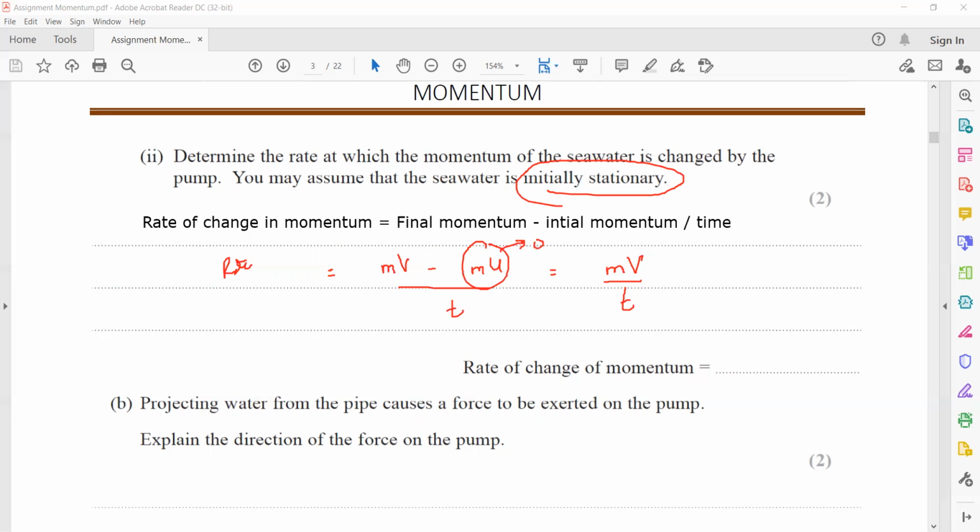So the mass was given, 300, speed is 37.1, and the time is 1, so we will get this as 1.1 × 10^4 kilogram meter per second squared, which is also Newton, the unit for force.